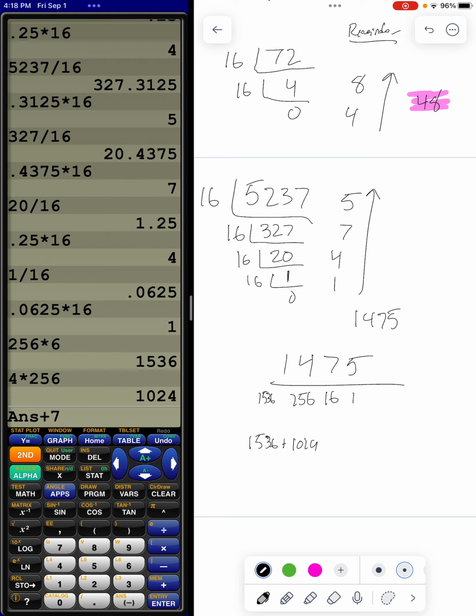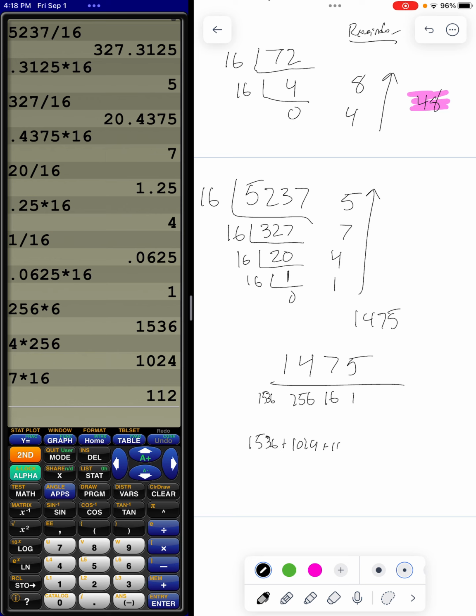Plus 7 16s. This is not going to work at all, is it? What have I done? I've done something incorrect. And I don't know what I did wrong just looking at it. 5237. What did I do wrong? I don't know.